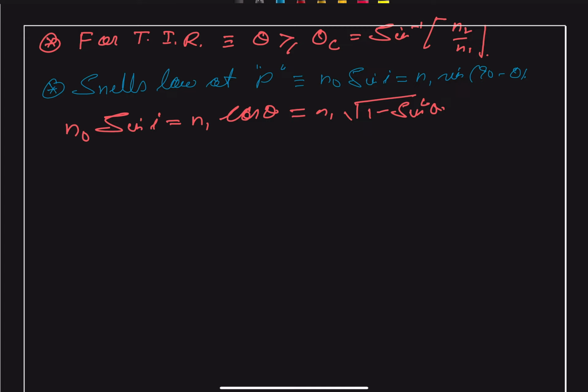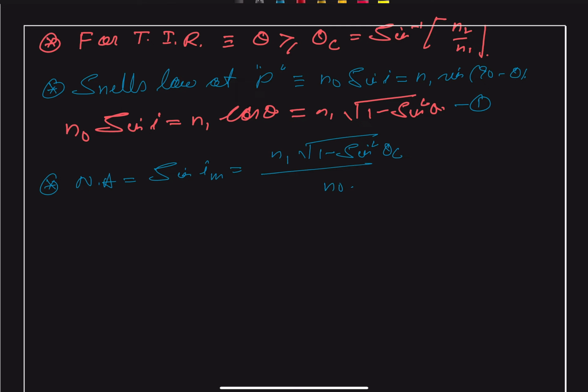Therefore we can write that our numerical aperture, which is equal to sine of im, if we substitute it in this particular equation, let us put this as equation 1, we can write this as n1 times square root of 1 minus sine square theta c, divided by n0.